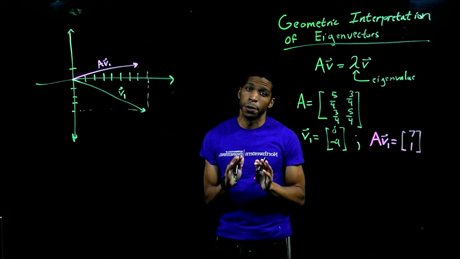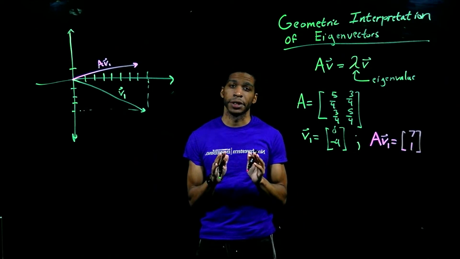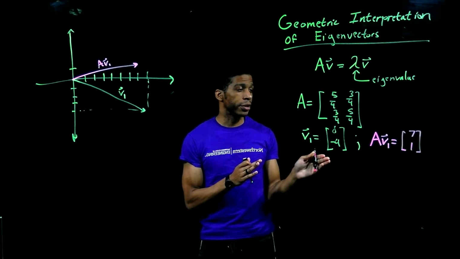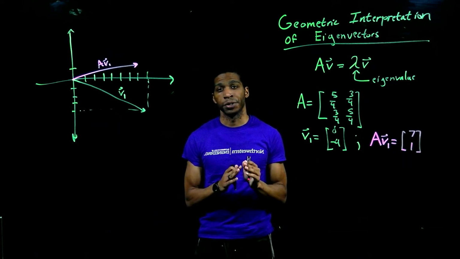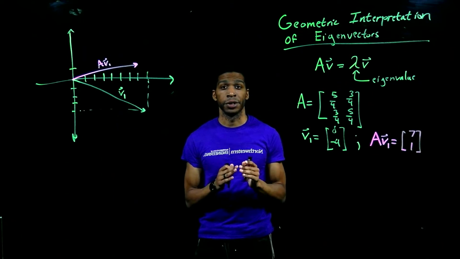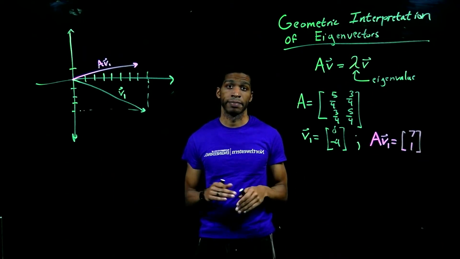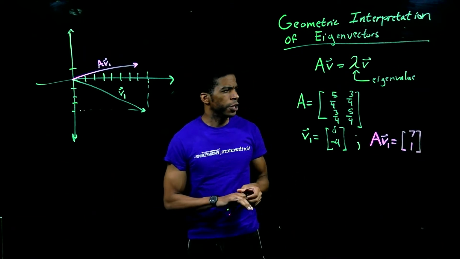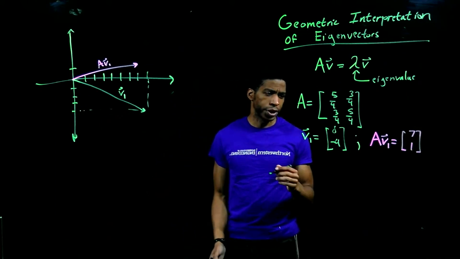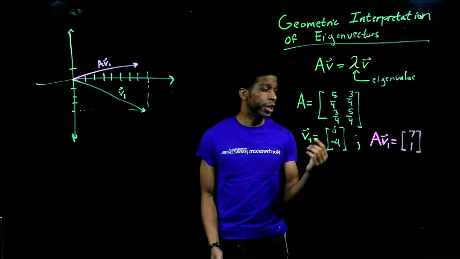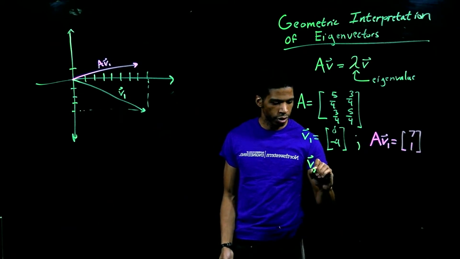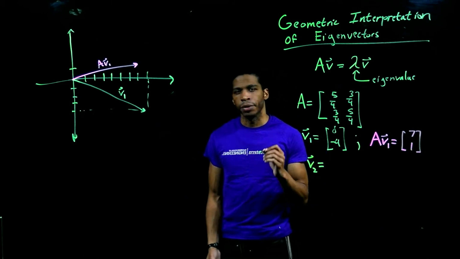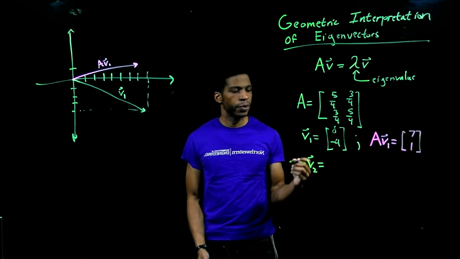So what you can see is that what matrices do to vectors is rotate and shrink or stretch them to generate new vectors. So let's consider another vector and see what A does to it. Let's consider a vector V2.